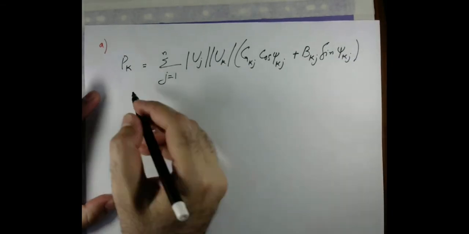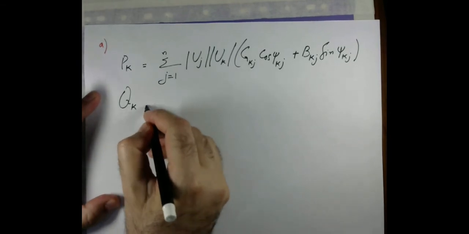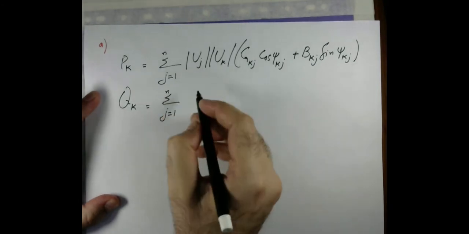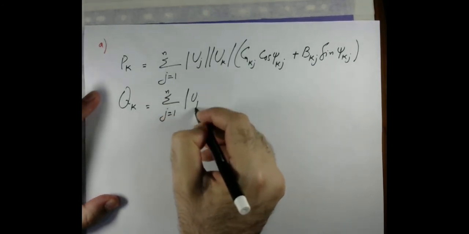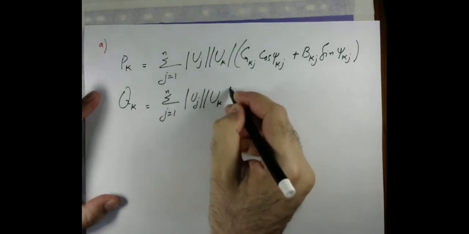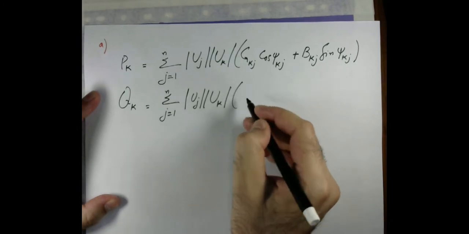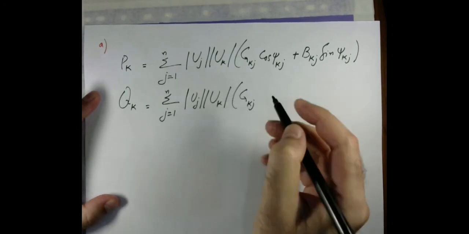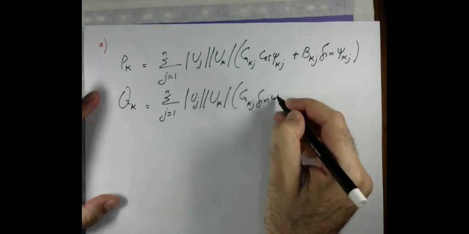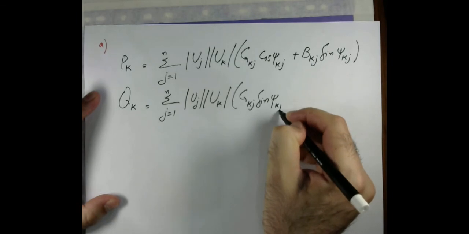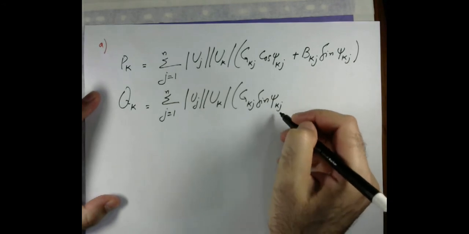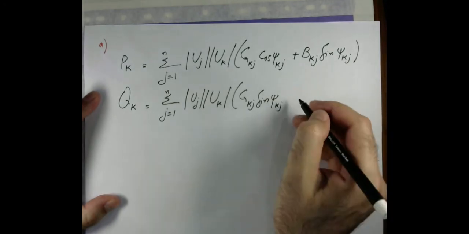Similarly, we have the expression for the reactive power, which is the sum with j from 1 to n of u_j, the magnitude of the voltage at bus j, u_k, the magnitude of the voltage at bus k, the conductance between the two buses k and j, sine of psi_kj, which you remember is the subscript that means the difference of the angles, psi_k minus psi_j, which we put as kj.